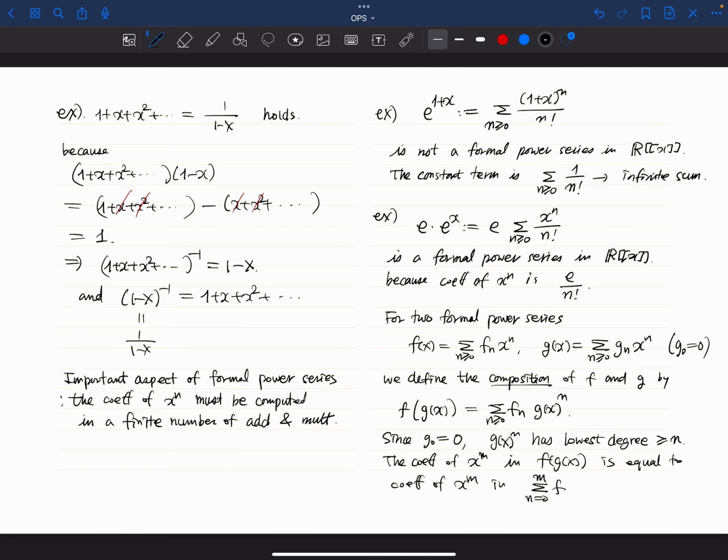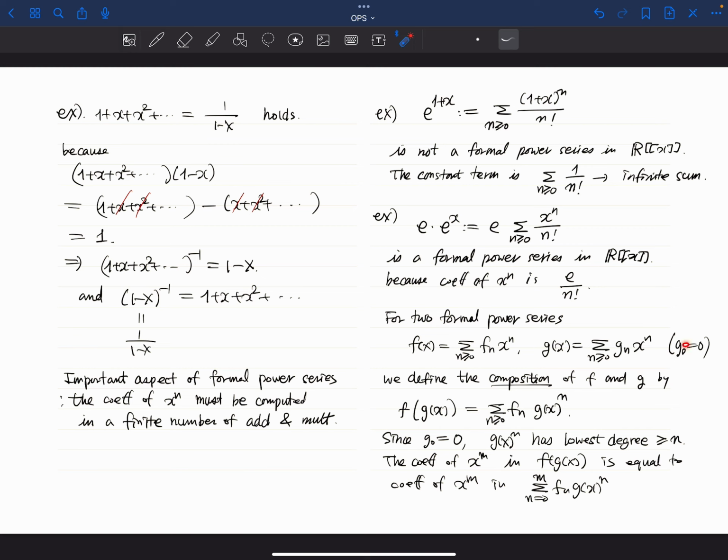You only need to look at n from 0 to m, because if n is bigger than m, the degree always exceeds m, so they don't contribute anything to the coefficient of x to the m here. So we have a finite sum here. So for every fixed m, you can compute this in finitely many additions and multiplications. So that's the idea. So this is well defined.